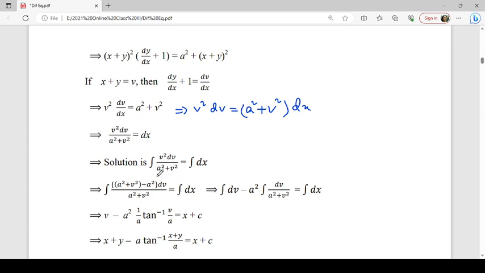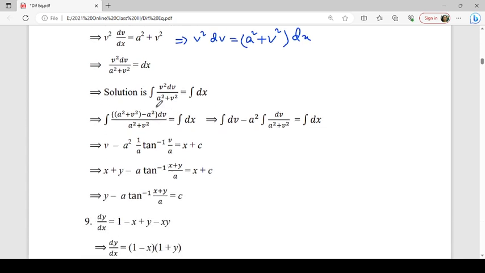Now we need to integrate this one. We need some simplification. You see, v square we write as a square plus v square minus a square, then (a square plus v square) by (a square plus v square) is 1, and minus a square by (a square plus v square). The right hand side is simple, it is the integration of dx.